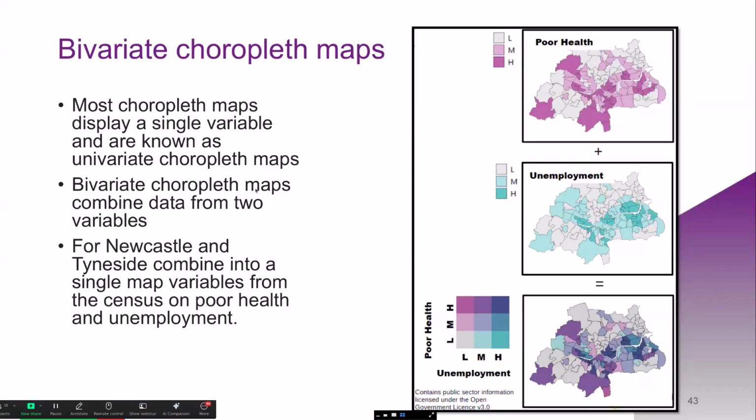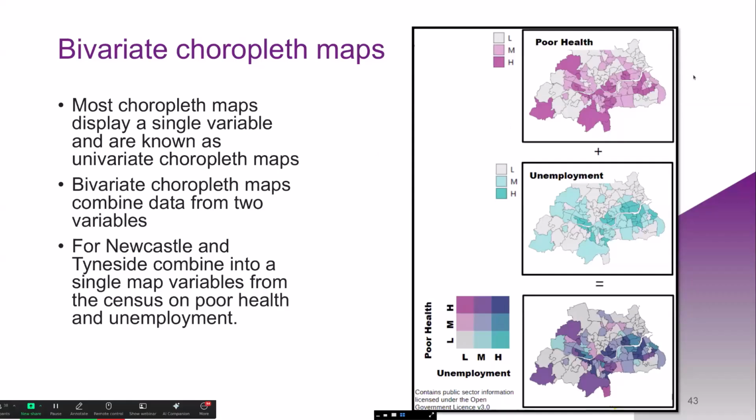A bivariate choropleth map, on the other hand, can show two variables on the same map. In some way, this provides a means to display multivariate data, which can be quite nice to explore to show the relationship between different census variables.